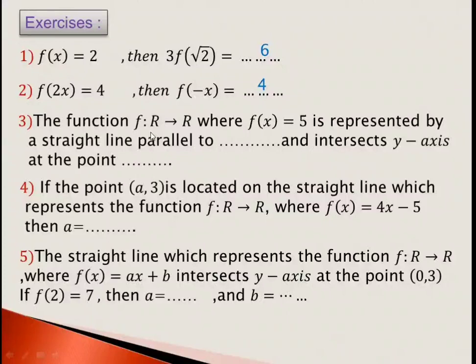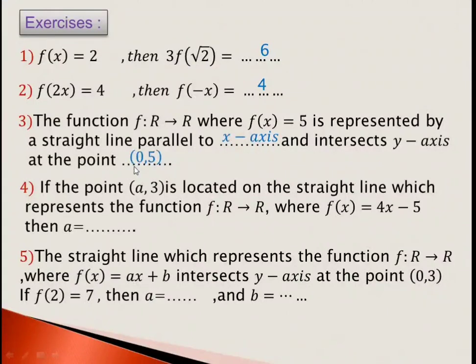The function from the set of real numbers to the set of real numbers where the function rule is f of x equals 5 is a constant function, and the constant is 5. It is represented by a straight line parallel, as we said before, to the x-axis, and it cuts the y-axis at the point (0, 5).